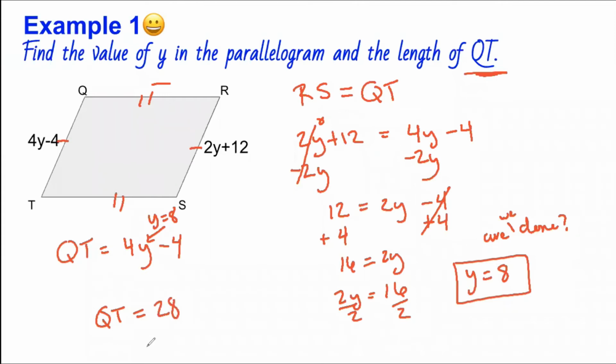Agree, disagree? James says agree. Joshua says agree. Lilith says agree. Destiny says agree. Awesome, and that is correct. Since there are no units given, we can just say units. QT measures 28 units in this case.